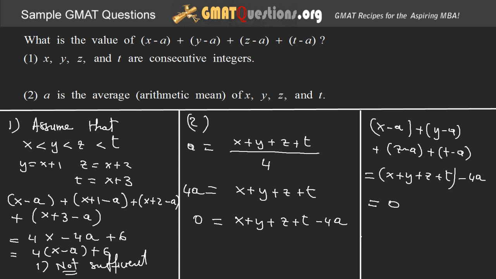The main difference here is that in number one we are told merely that they are consecutive, but nothing really to bite on. But here we are told that it is the average, so I can use that. I could manipulate the formula and then see that this formula is useful to find the value of the original expression. So number 2 is enough. As you can see, it is enough.